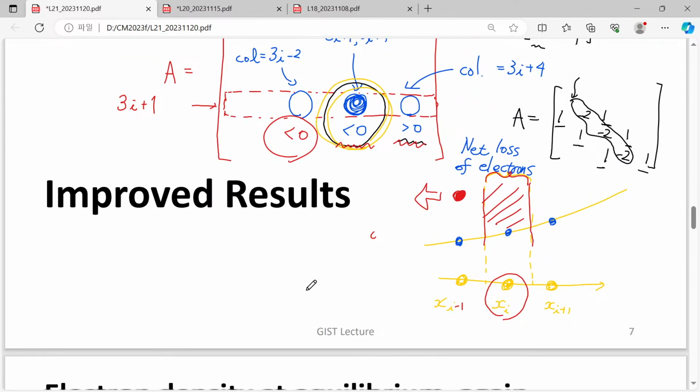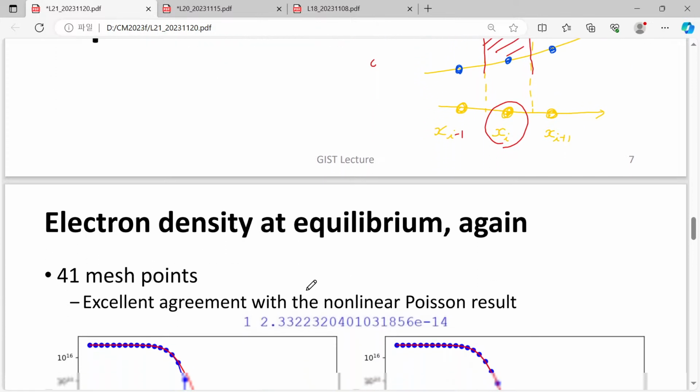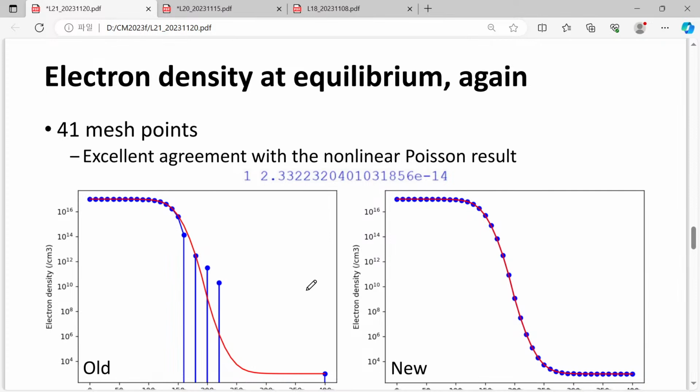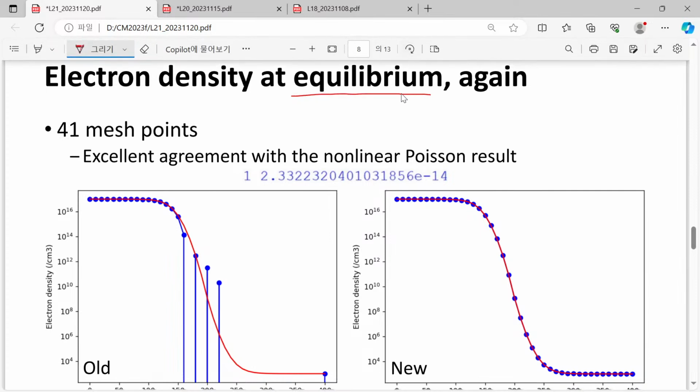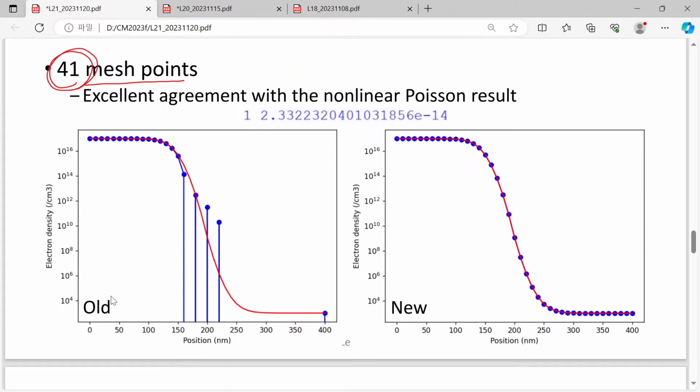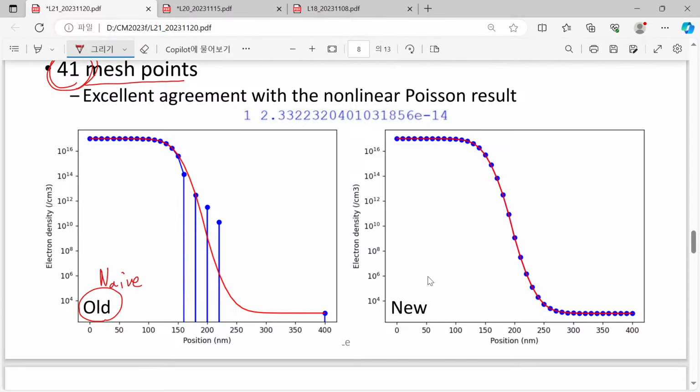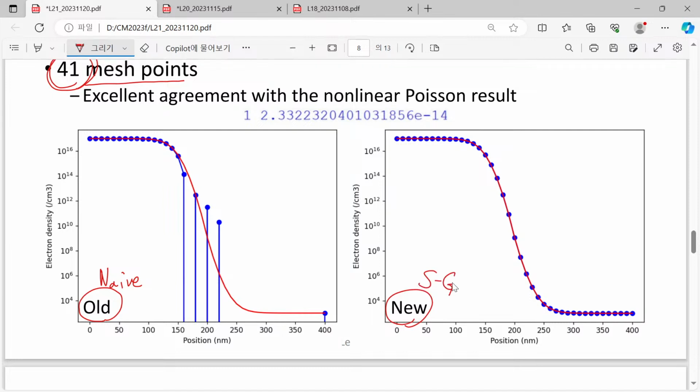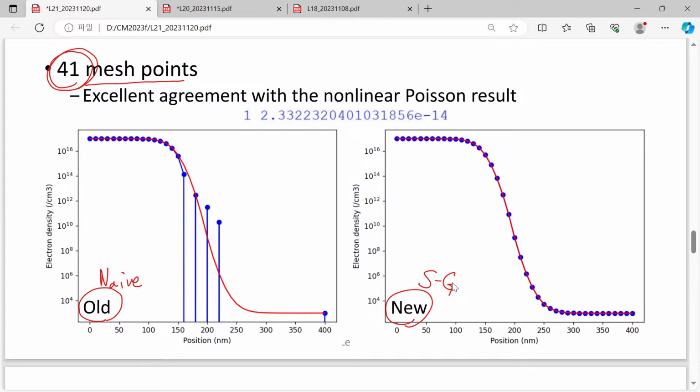I assume that now all of you successfully implement the Scharfetter-Gummel scheme. Then what will happen to your result? For example, this is the equilibrium electron density for a p-n junction, and we just keep the same number of mesh points. This old and new means that old is our naive implementation, and new corresponds to the Scharfetter-Gummel scheme.